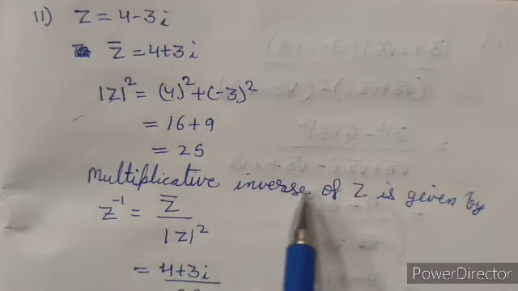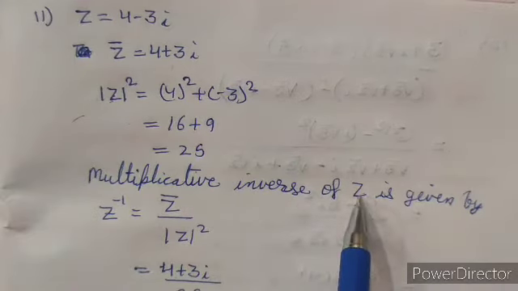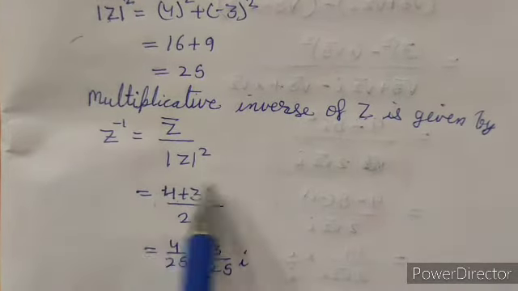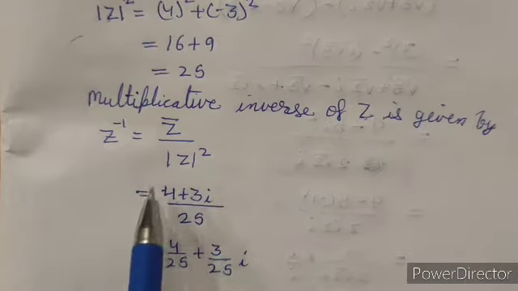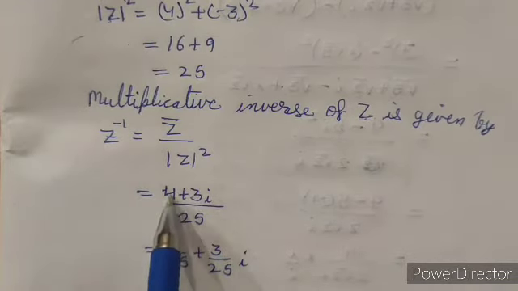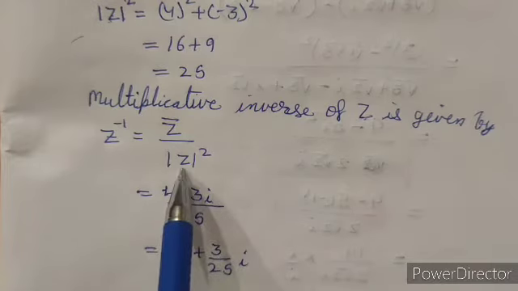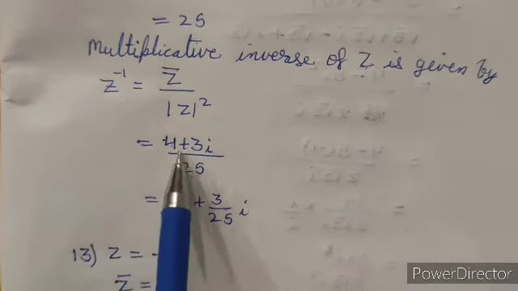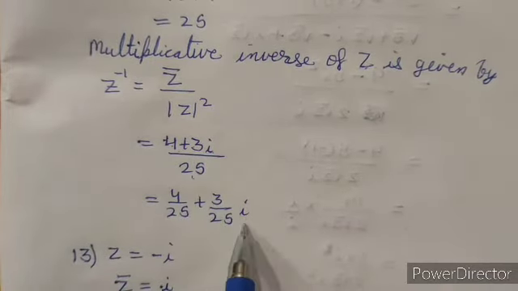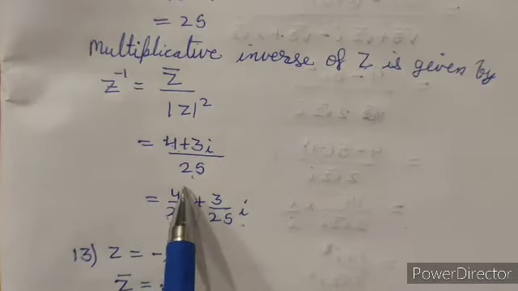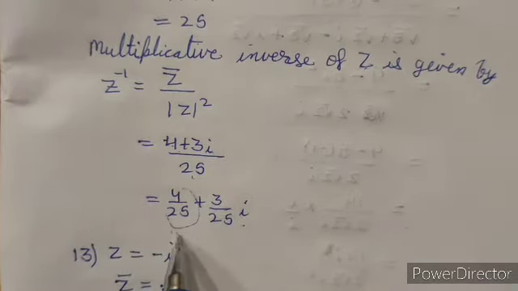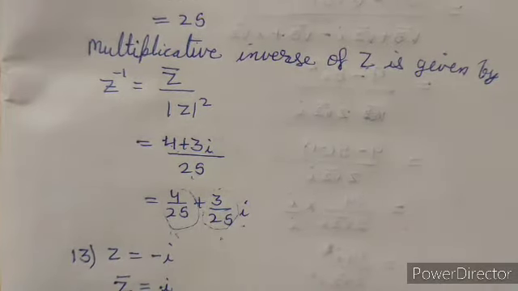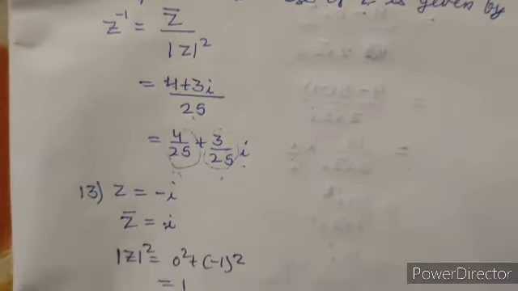Now, multiplicative inverse of complex number z is given by z inverse equal to conjugate of z upon modulus of z square, and conjugate of z was 4 plus 3i, and modulus of z square is equal to 25. So z inverse will be equal to 4 by 25 plus 3 by 25 i. That means 4 by 25 will be the real part of the multiplicative inverse, and 3 by 25 will be the imaginary part of the inverse of the complex number.